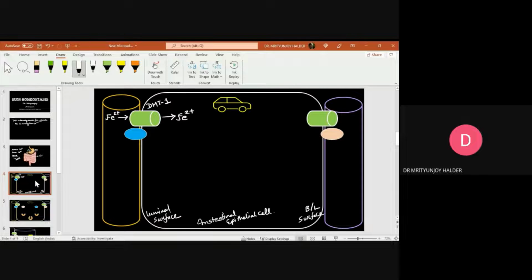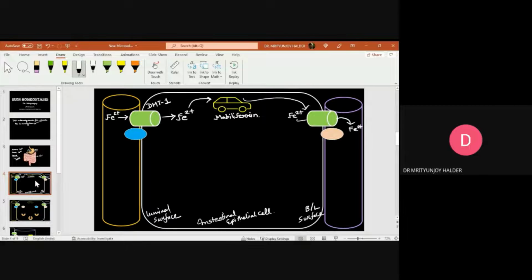This ferrous form will jump on a vehicle called mobilferrin, and with the help of that vehicle it will be transported to the opposite side, and this ferrous form, with the help of another transporter, finally reaches the portal blood.